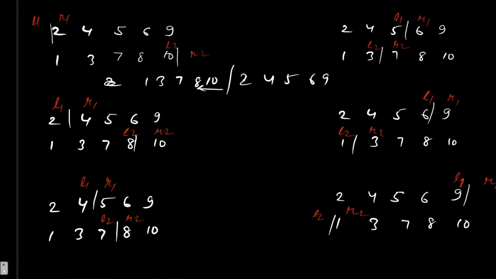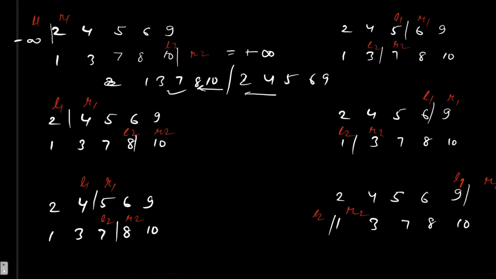So this is the L1. Here L1 will be a negative index, it can be minus infinity, and R2 similarly can be plus infinity. So we can see that on the left side there are many elements which are greater than right side elements, so this is not the valid one.